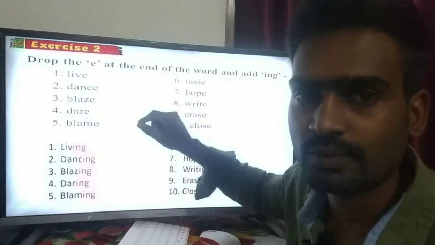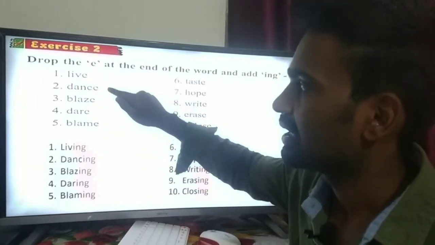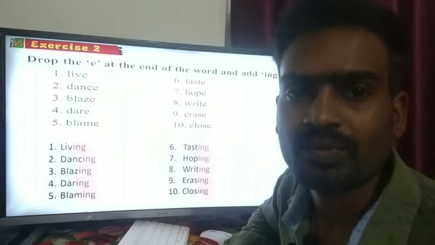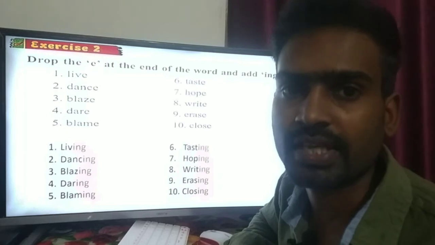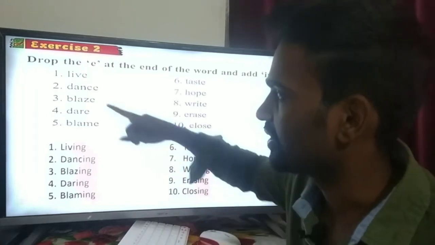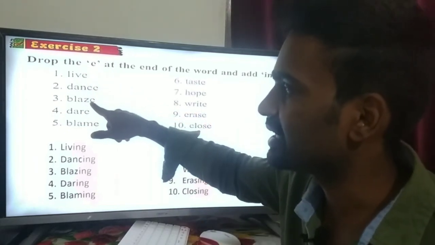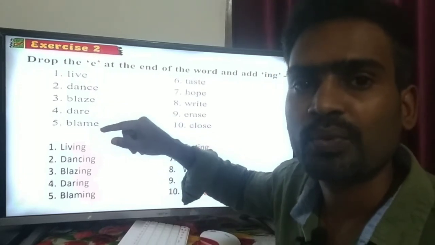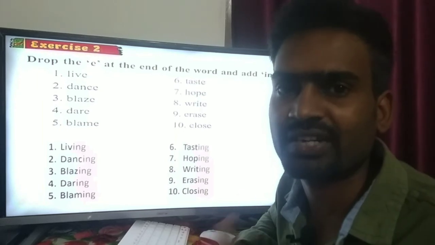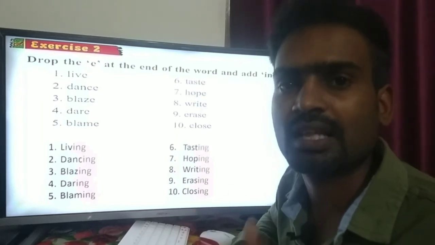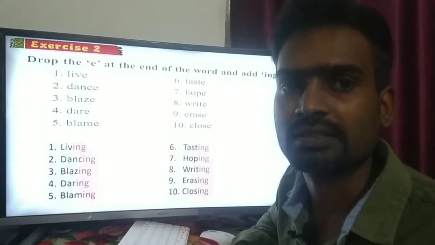So dear children, there is a rule here which we applied. If the verb ends in e, we have to drop the e and add ing. We have different types of rules and regulations that we will learn afterwards, when the lesson comes.